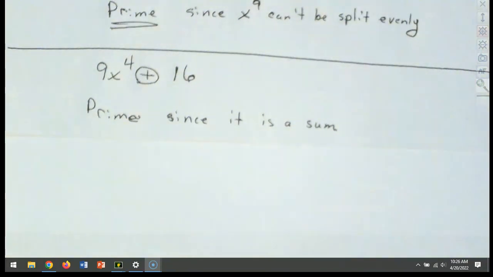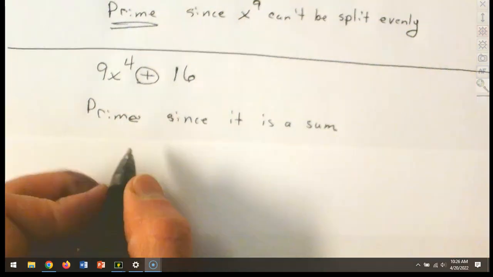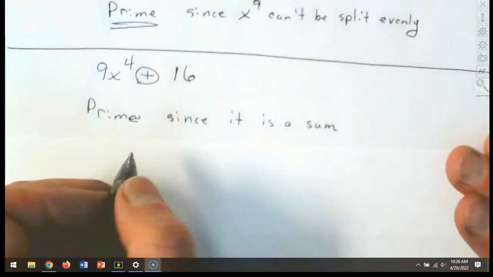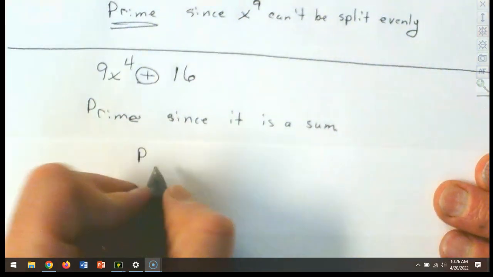Now let's look at some perfect square trinomials. These are called perfect square trinomials, and they're very similar to the difference of squares, but they work when you have 3 terms.